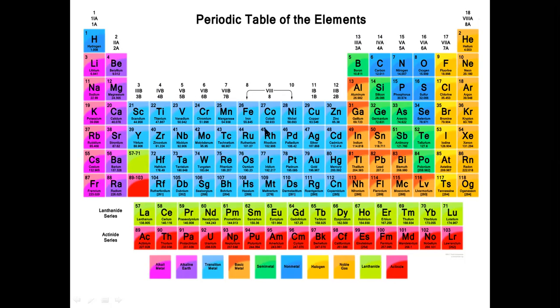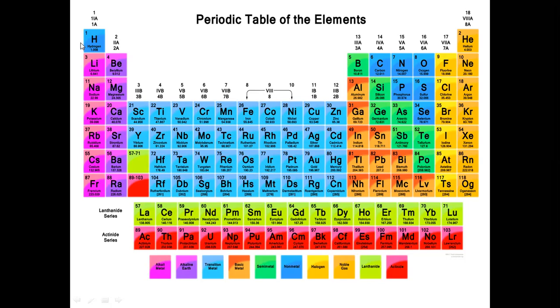Similarly, we have the 8B group, and these are starting from here. This is the first B, second B, third, fourth, fifth, sixth, seventh, and these three together are called the 8B group. So we have two groups. One is called A group and the other one is called the B group. And there are 8A groups and there are 8B groups.